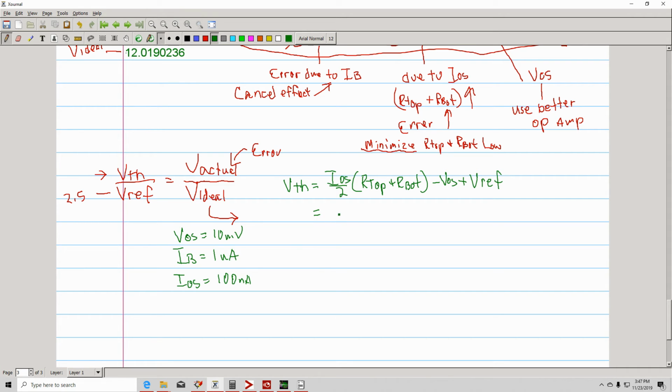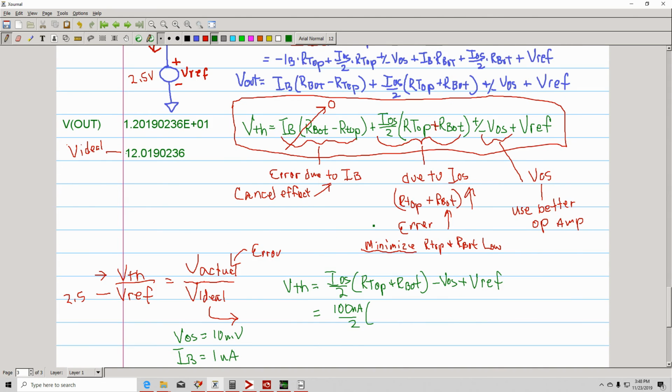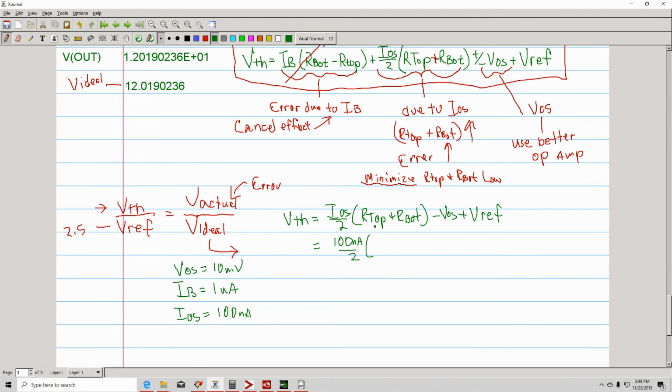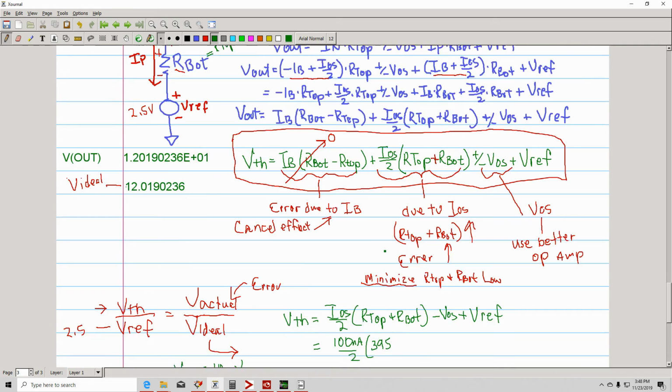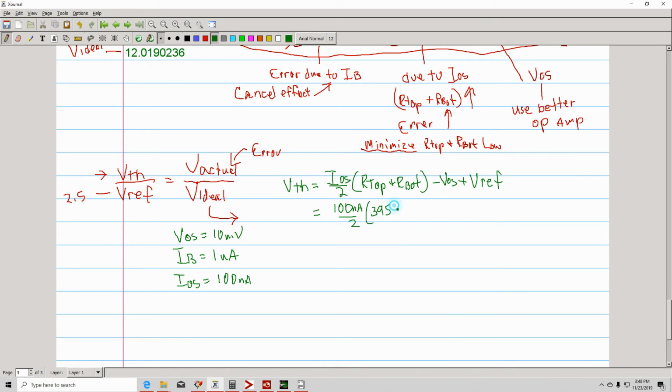Okay, so in this case it's 100 nano divided by 2, and then this is, I believe, what was it that I said, 3958, yeah, 58 ohms plus 3958 minus 10 millivolts, and then VREF is this voltage, VREF 2.5 volts.